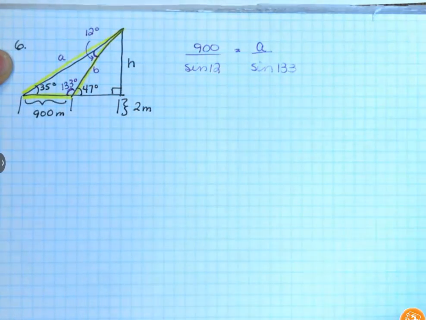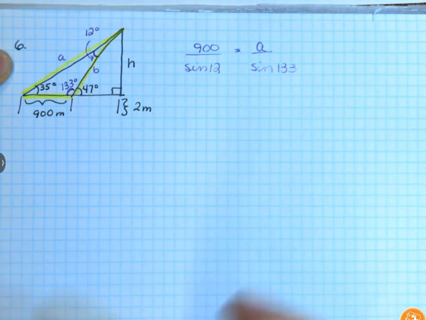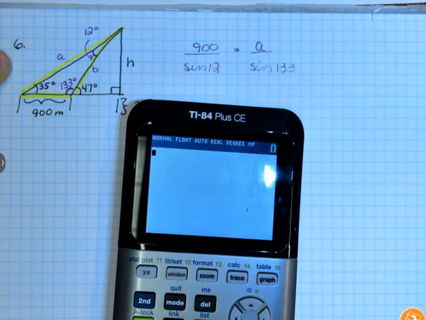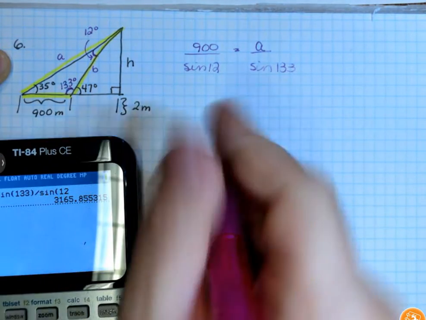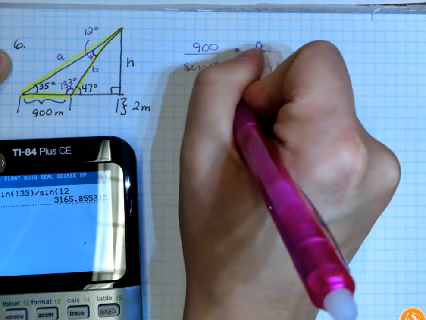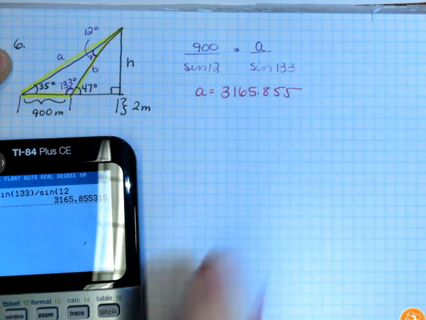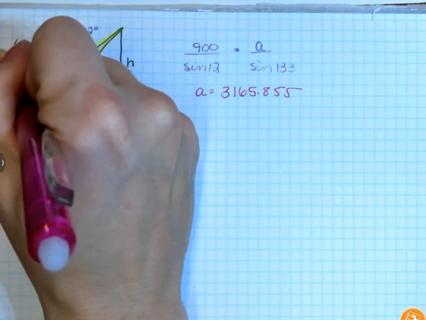Pens are all dying on me. So let's see here. What am I going to get? I'm going to take 900 times the sine of 133 divided by the sine of 12. And so I get that piece is 3,165.855. So that's this piece here.